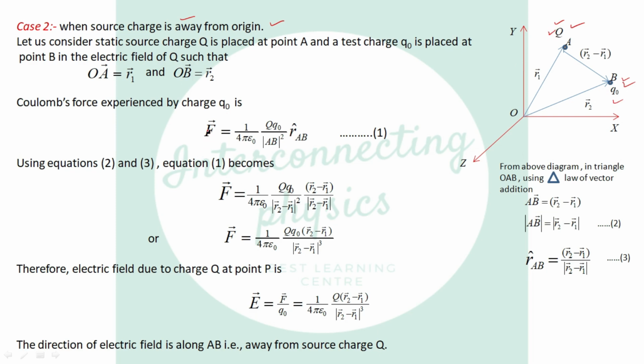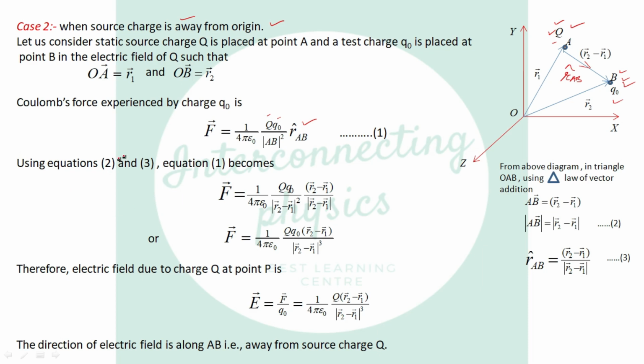So we write it as F vector equal to 1 over 4 pi epsilon naught Q Q naught. Now the distance between source charge and test charge is AB. So AB modulus square, and the direction is given by RAB unit vector, because Q is exerting force on Q naught. So direction will be from A point to B, which is given by RAB unit vector.